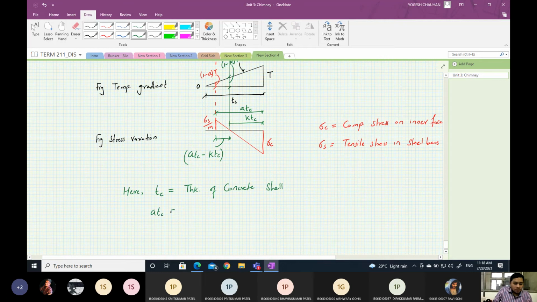A times TC is the distance of reinforcement from the inner face, and K times TC is the distance of the neutral axis from the inner face.